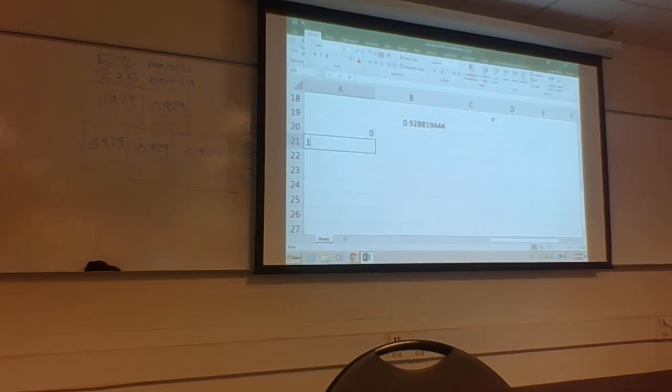0 bombs in a district, 1 bomb in a district, 2, 3, 4, and we'll leave out the 5. So if I wanted to figure this out, I would type in Poisson distribution.